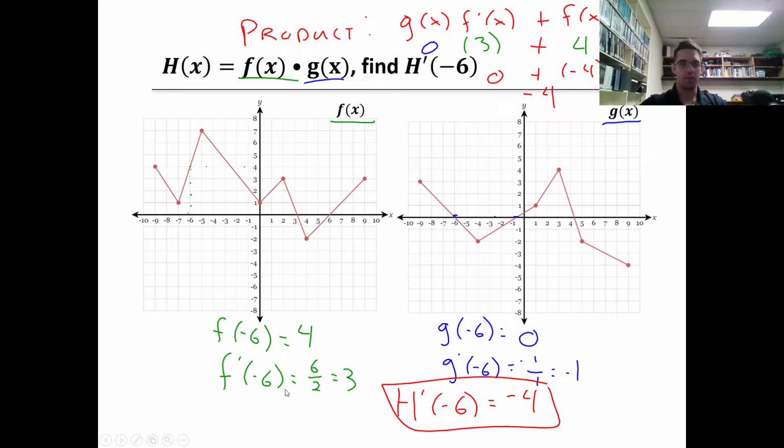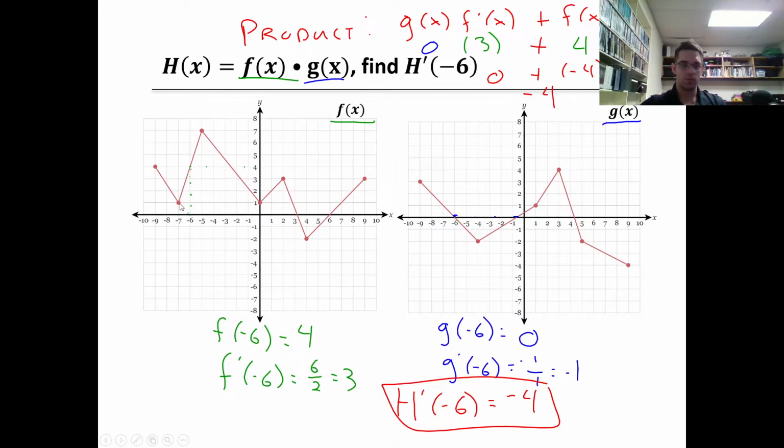Now f prime of negative 6. Let's talk about what that means right there. F prime of negative 6 means what is the slope of the graph when x equals negative 6. So if I find x equals negative 6, this point right here, what is the slope of the graph at this point? Well, we have a section of a line, so the slope of this line will tell us f prime at negative 6.